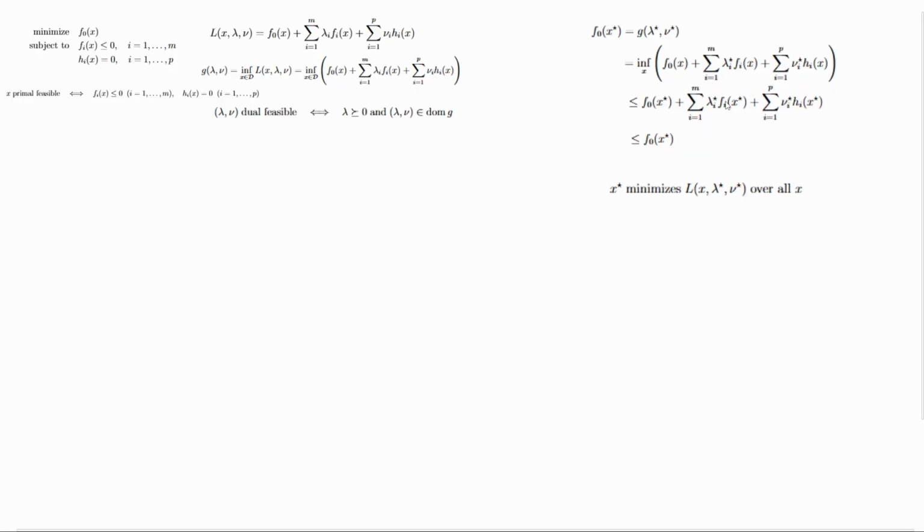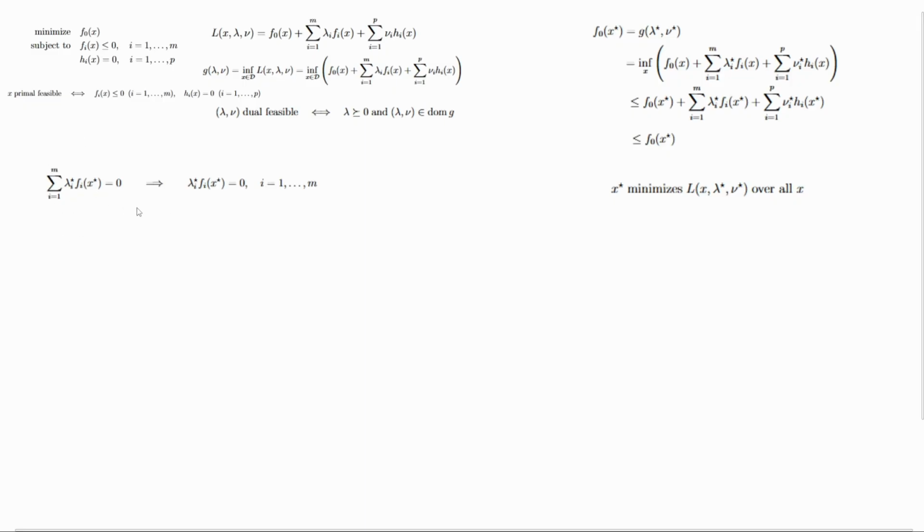Okay. But since we know that these are equalities, we know that this term and this term must sum to 0. Since they must sum to 0, each term individually must be 0. So this is a very, very important concept. When you have strong duality and you have your optimal dual and your optimal primal, this directly implies that lambda multiplied by your constraint function must equal 0.